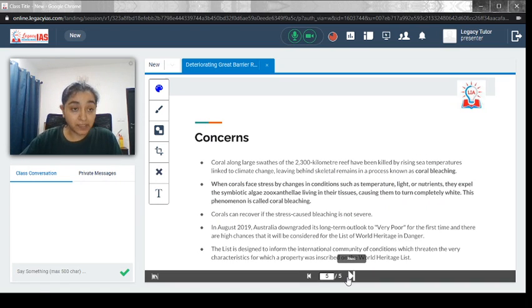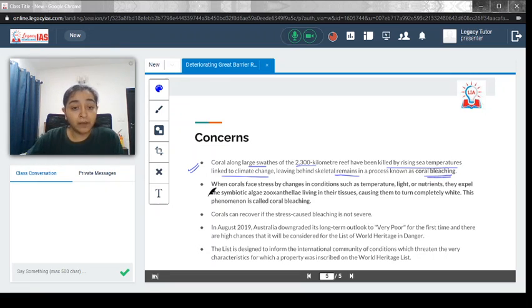Now what are the concerns actually? Corals along with a large swathe of around 2,300 kilometers of reef have been killed by rising sea temperatures linked to climate change. Climate change is posing a major threat to the coral reef, leaving behind skeletal remains in a process known as coral bleaching.